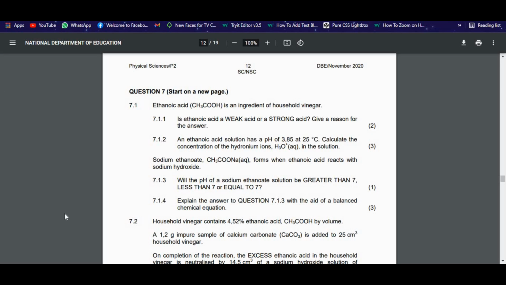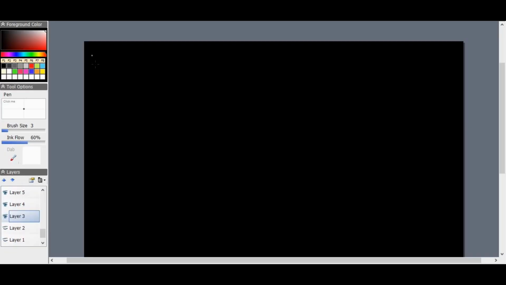Yes, it is indeed a weak acid. So let's write it down here. It's a weak acid. Why is it a weak acid? Who knows why? What say the people? Weak, it is correct.